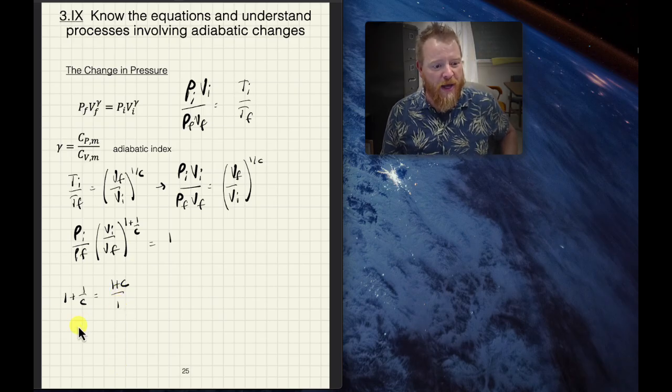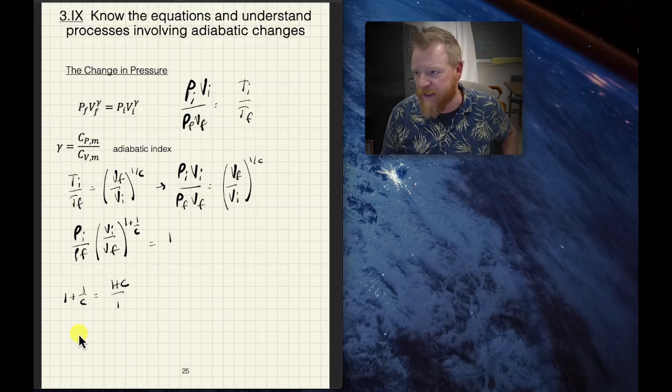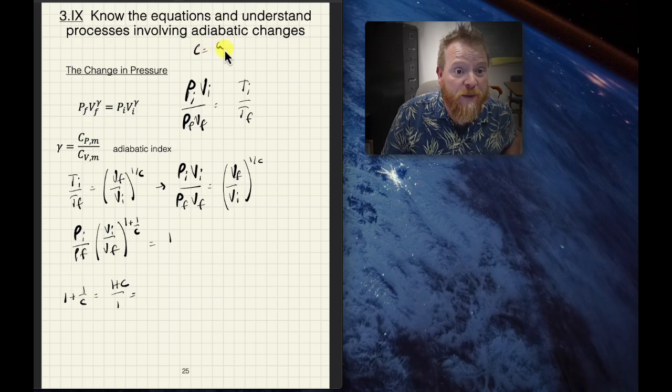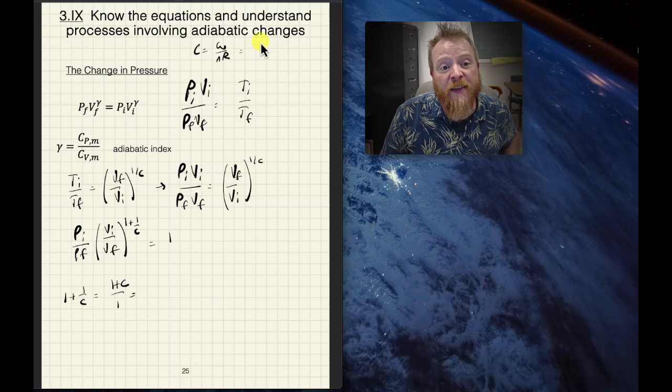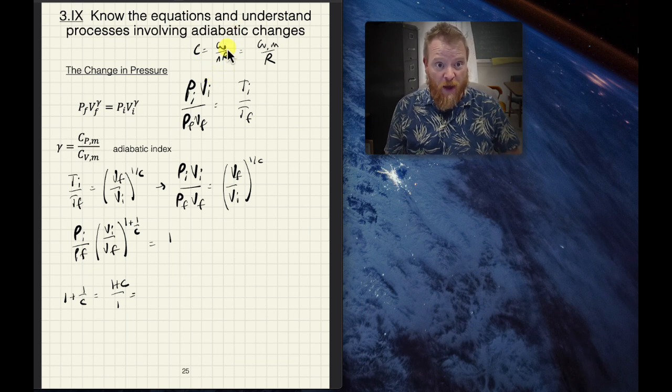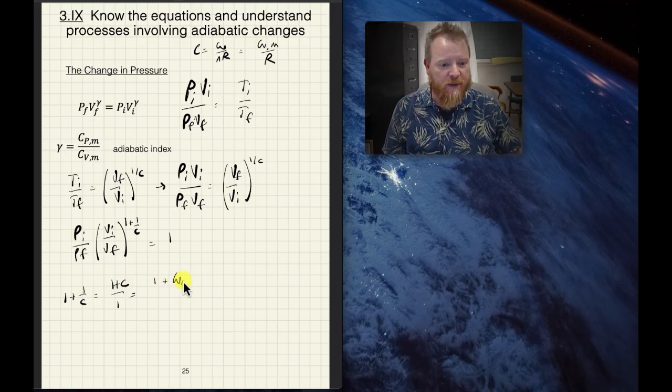So I just multiplied the top and the bottom by C. And then now, noting that we recall C was equal to CV over NR, or equivalently, that would be CVM divided by R, right, where we absorb the number of moles there into CV, right? So now we can plug that in and say 1 plus C is 1 plus CVM divided by R.